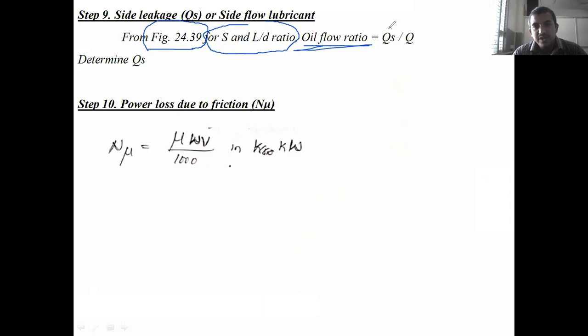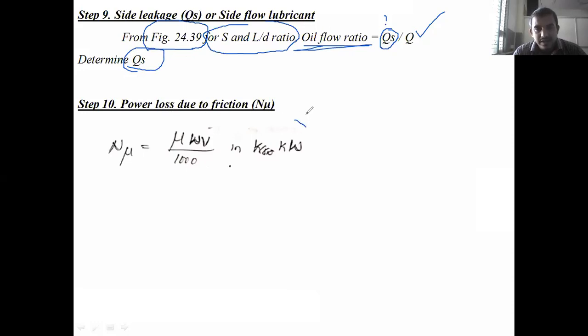The unknown here is Q suffix s. Q, the oil flow rate considering side leakage, we already know from the previous step. Then the oil flow ratio is obtained from figure 24.39, and then determine Q suffix s. That's the ninth step.